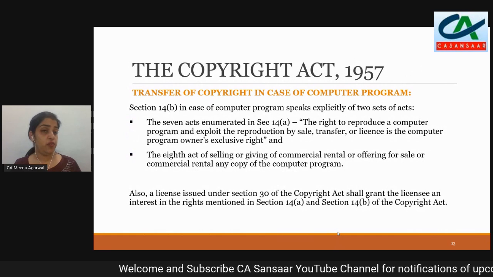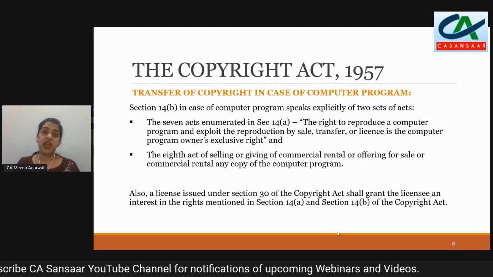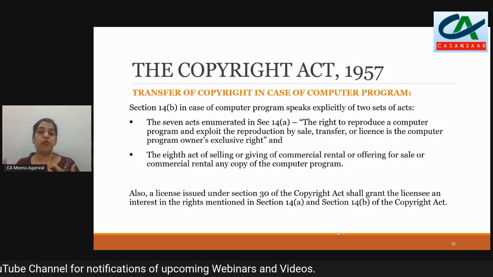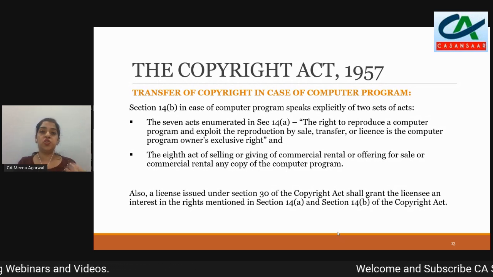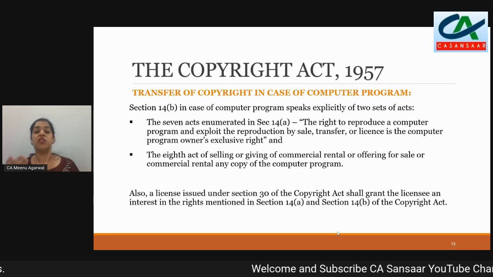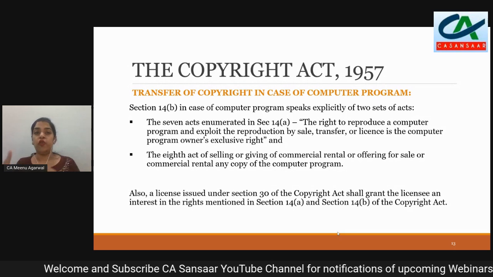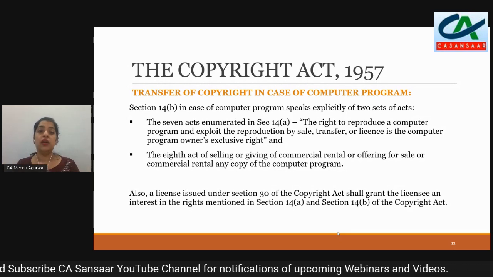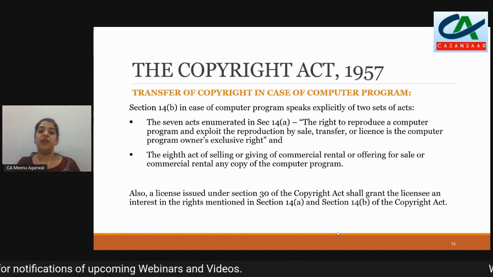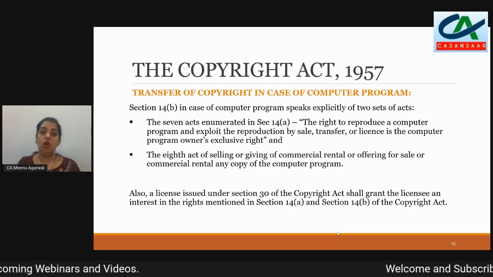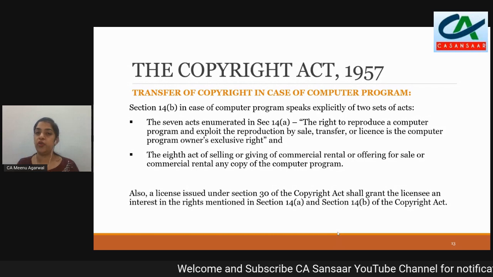Then attention was drawn to the specific provision under Section 14B, which relates to transfer of copyright in the case of a computer program. As we are discussing this case law because of the issue that arose whether the payments made towards the use of computer software should be treated as royalty or not, reference was made to 14B. 14B says that if the provisions as specified in 14A and the rental provisions are complied with, then this transfer shall be treated as a transfer of copyright in the case of a computer program.